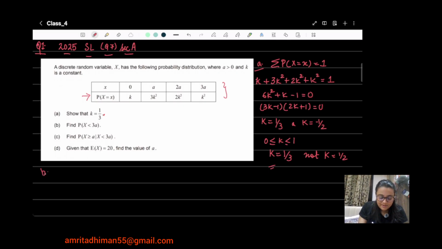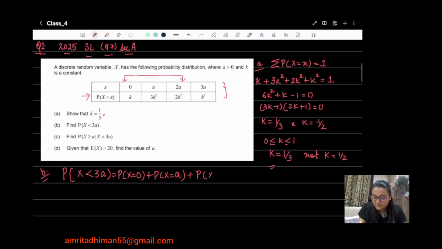Now the B part: we need to find the probability X is less than 3a. X is less than 3a means they are talking about this. So what we can do is take probability X is equal to 0 plus probability X is equal to a plus probability X is equal to 2a. First of all, for this, it is 1 by 3, and it is 3 into 1 by 3 square, 3 into 1 by 9.